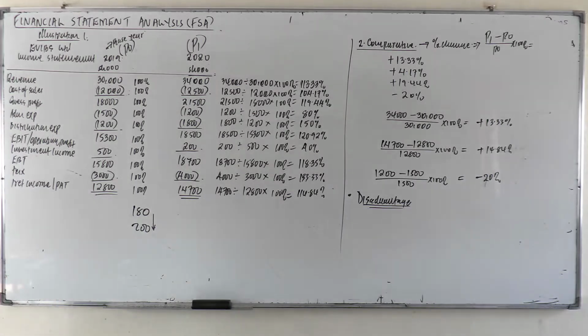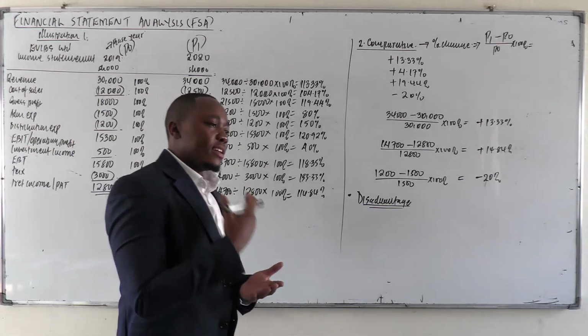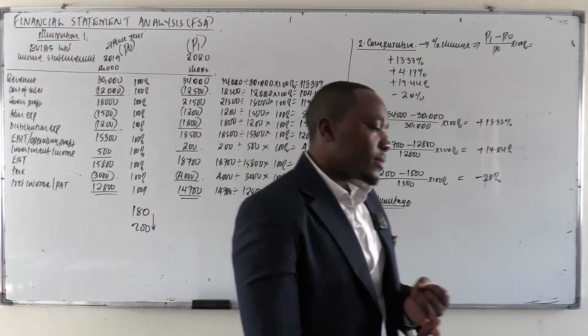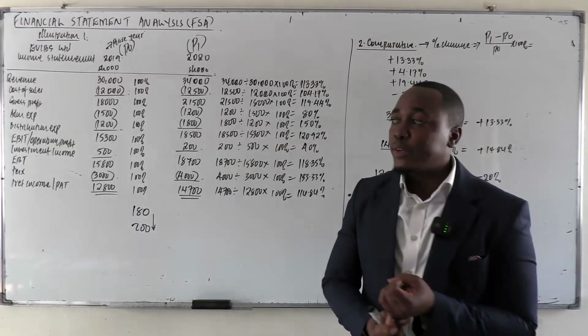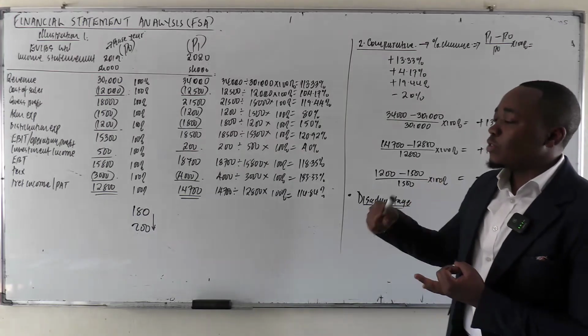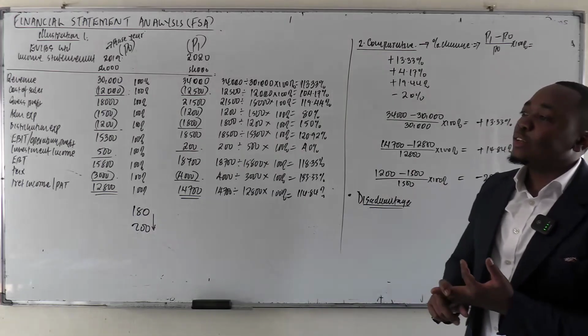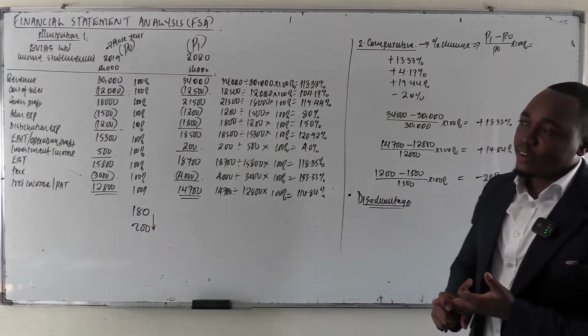But that does not mean that the business is doing great. So in this case, there is no adjustment for the effect of inflation. So it's another disadvantage. Number 1, it uses accounting information which is subject to manipulation. Number 2, it does not factor in the concept of time value of money. Number 3, it does not take into account the effect of inflation.